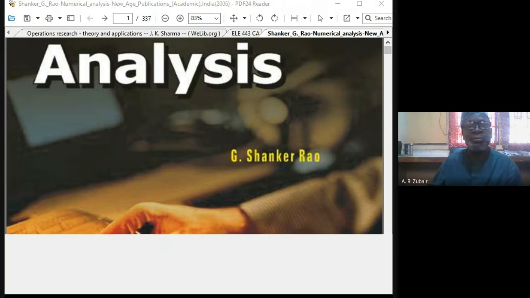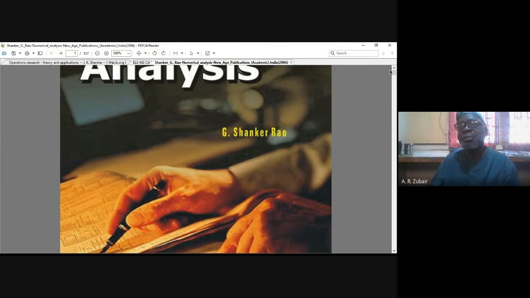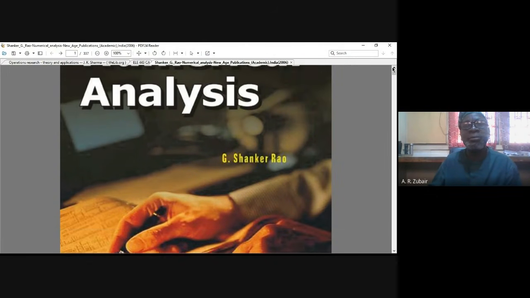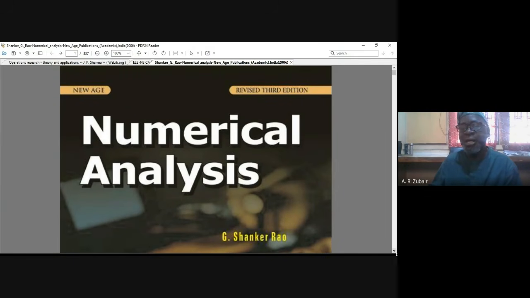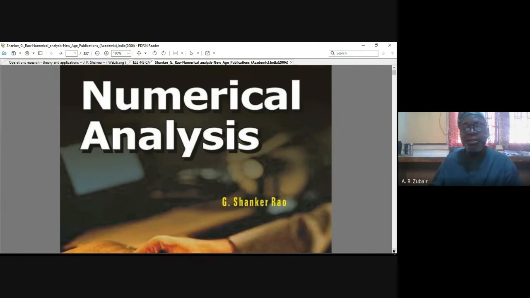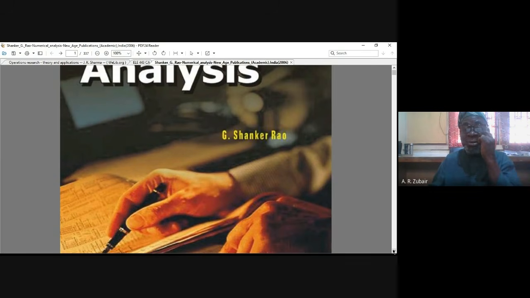I hope the screen is clear. This is the book, Numerical Analysis, G. Shankar Rao.